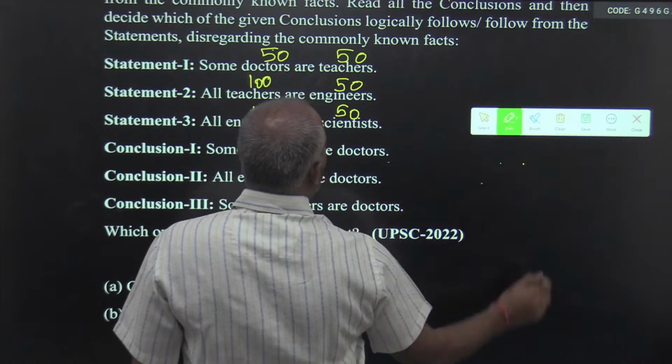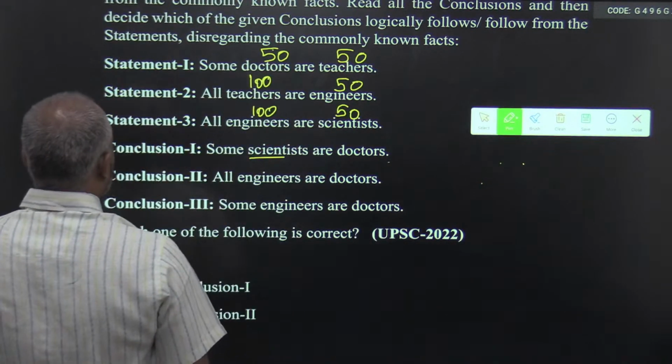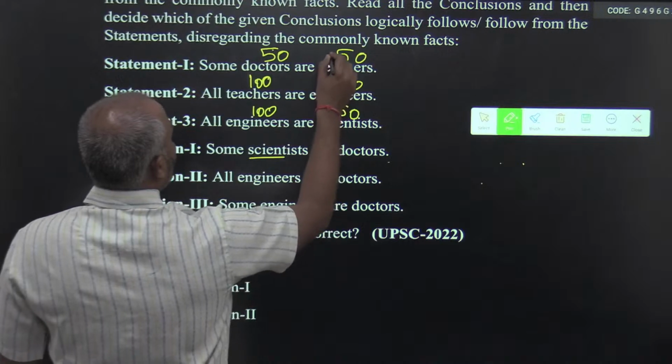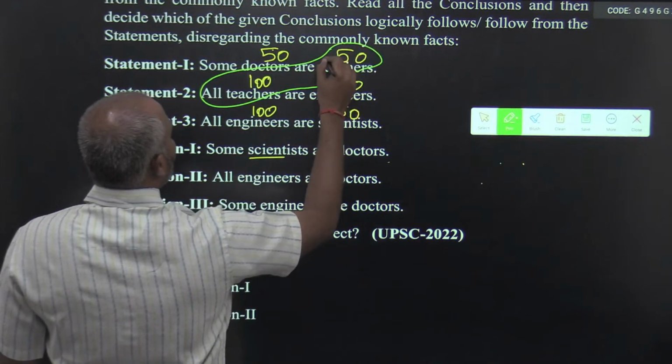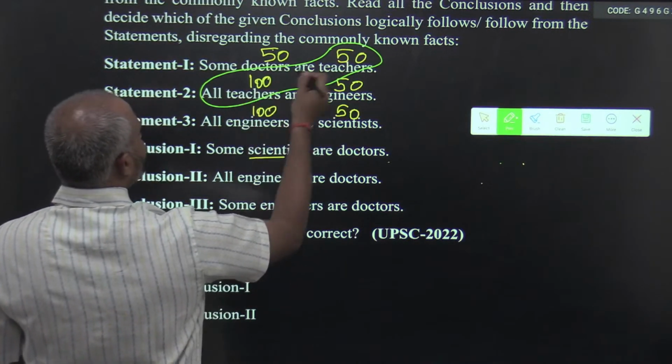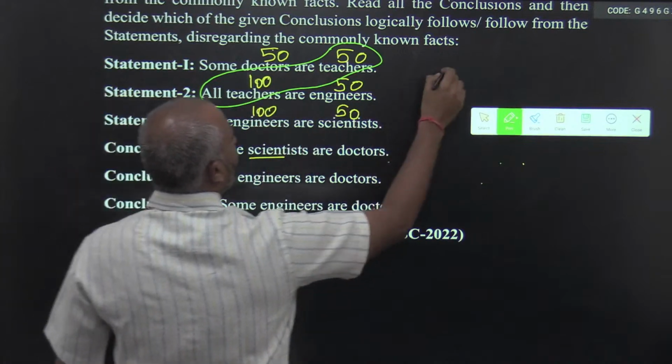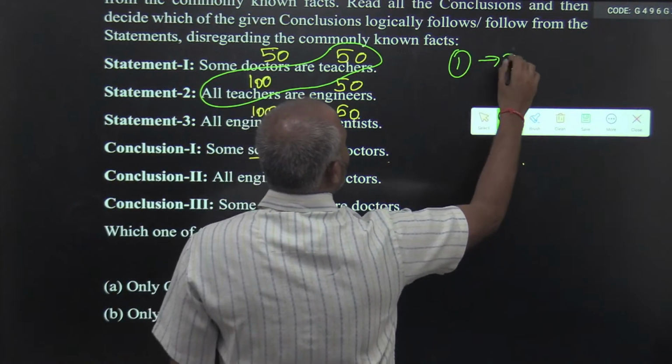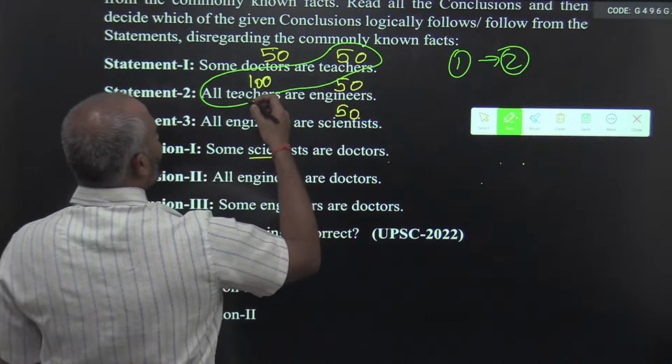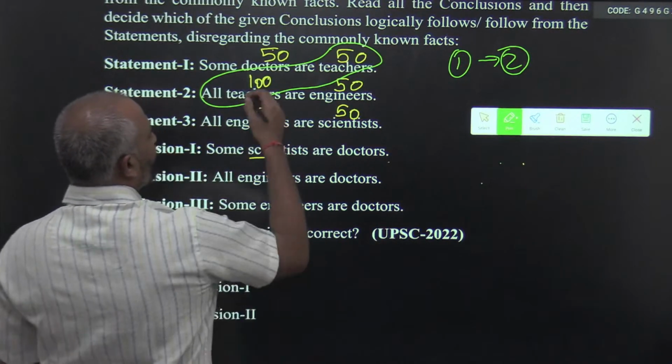Now regarding links. Can you connect 1 and 2? Yes. Why? Because the common element of teachers, 1 can be connected with 2. Why? The common element of teachers has a value of 100.